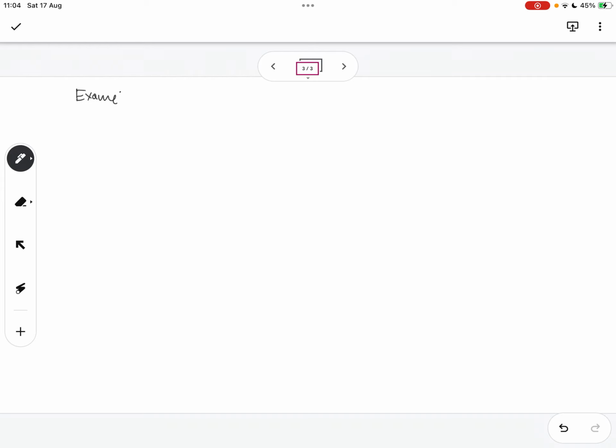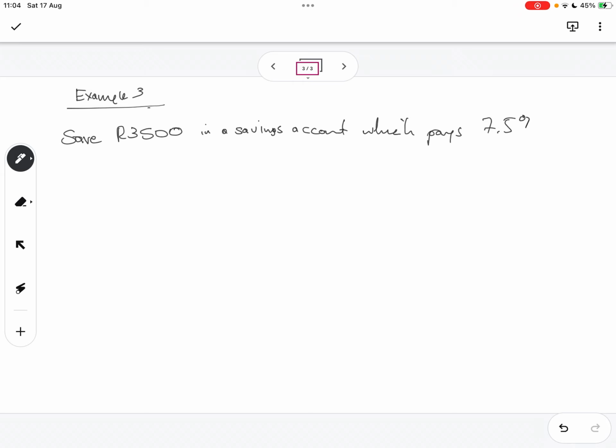So let's say your sister puts away $3,500 into a savings account, and the savings account pays 7.5% per annum, or a yearly interest of 7.5% compound.